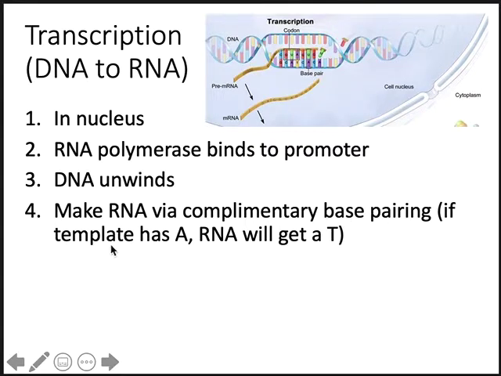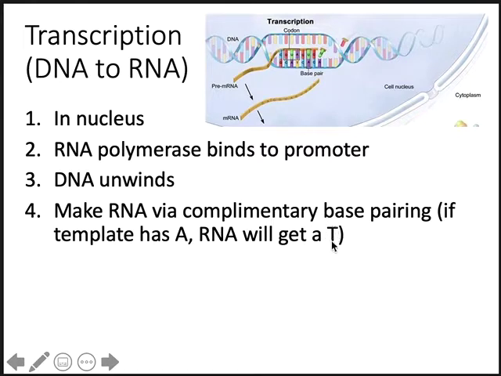So if the DNA template has an A, adenine, then the RNA polymerase is going to put in a T. Except this is an error, because we know that RNA has a U instead of a T. So please correct this.